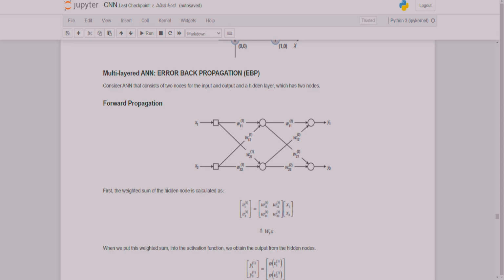So the first topic we discussed in the previous class was the multi-layer neural network, and we first discussed a specific method of updating the weights, the EBP technique, or error back propagation.